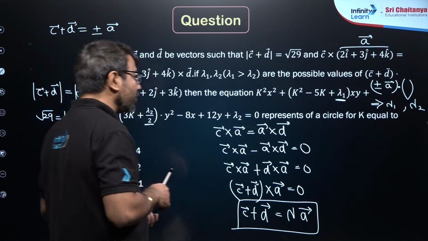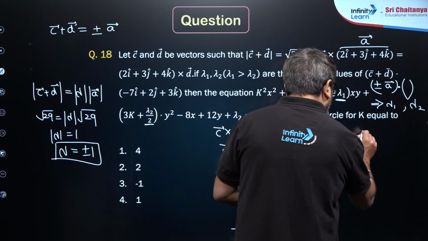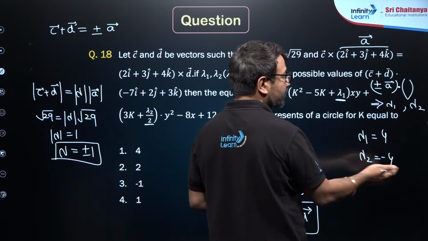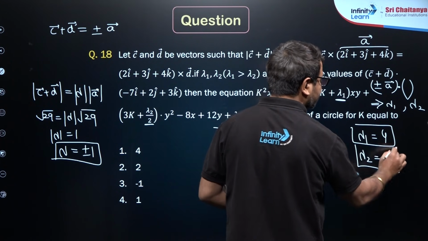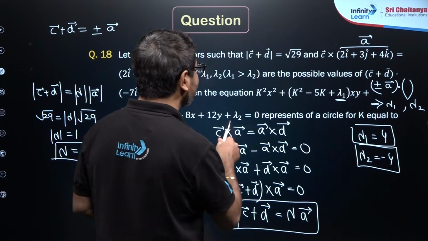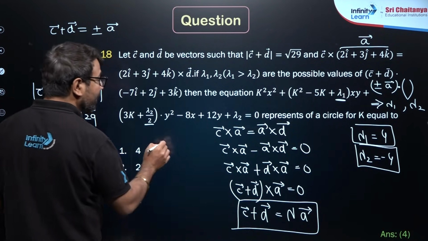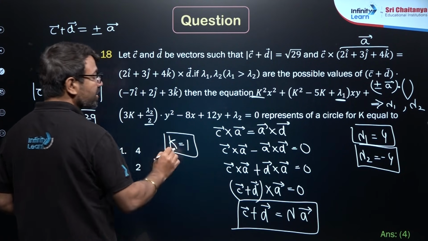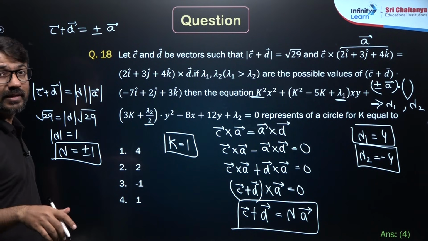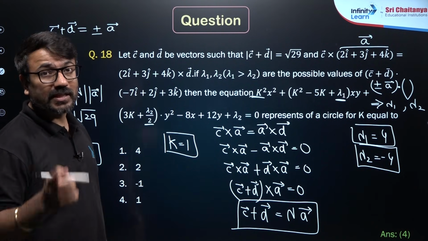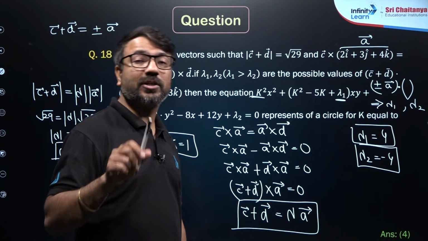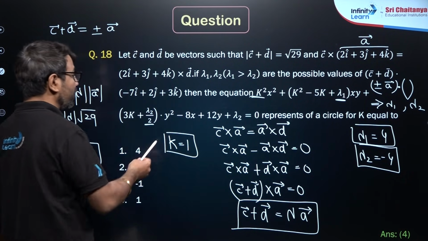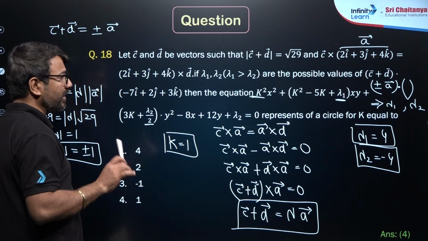So lambda 1 is 4. If you do the dot product, one is 4, the other is minus 4. And if you keep 4 and minus 4 here, you will have the value of k as 1. Because for a second-degree equation to represent the equation of a circle, the coefficient of xy should be 0, and the coefficient of x square should be equal to the coefficient of y square. If you make the coefficient of x square equal to the coefficient of y square, you will have the value of k as 1 only.